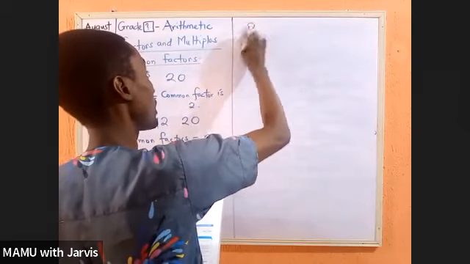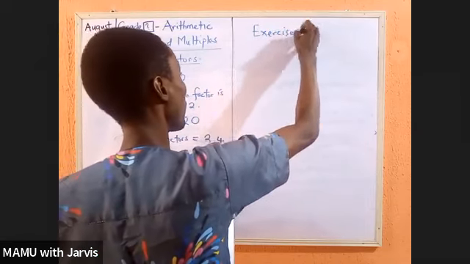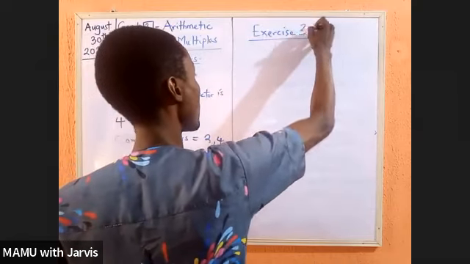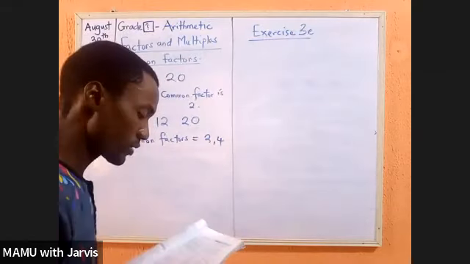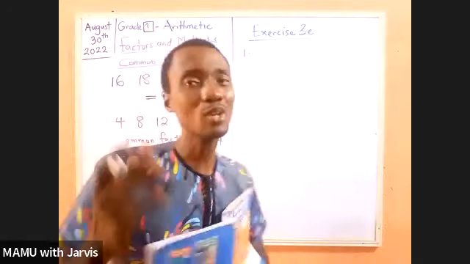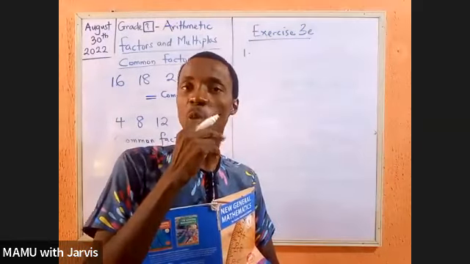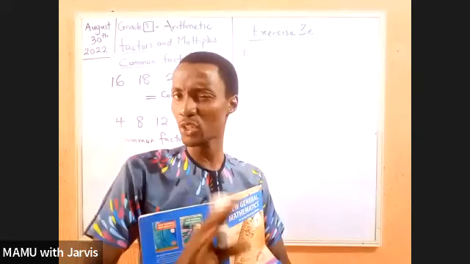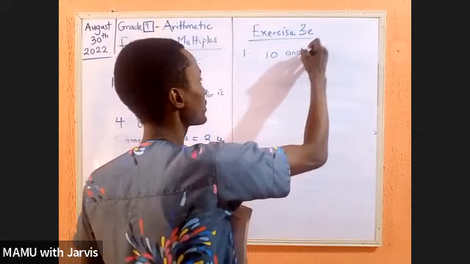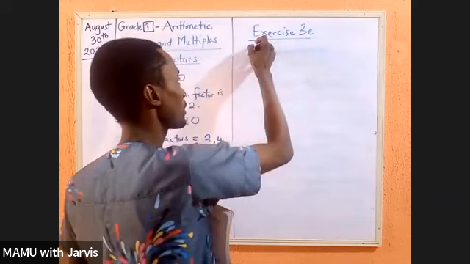We'll start with question 1. There are different methods for handling this, and for each question I'm going to try to use one, two, or three methods so that you see what's happening. If I pick 10 and 14, maybe I should tag this first.